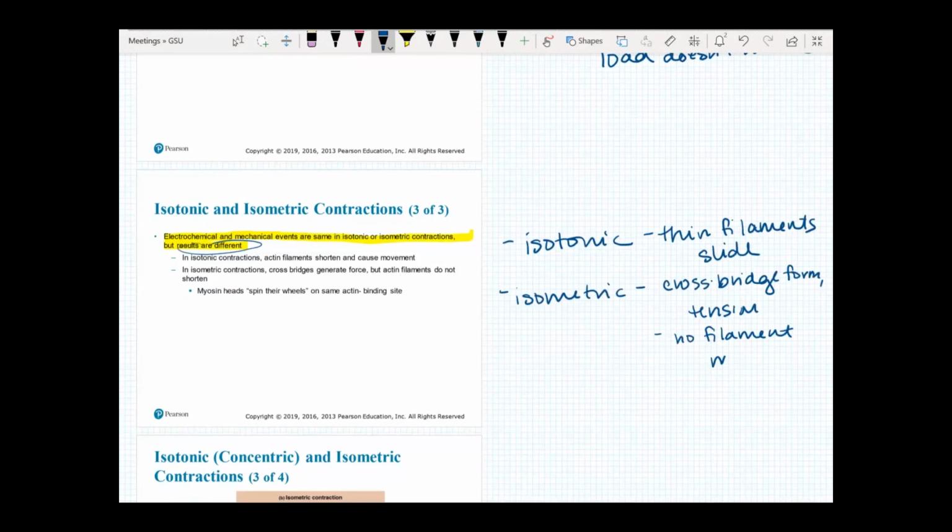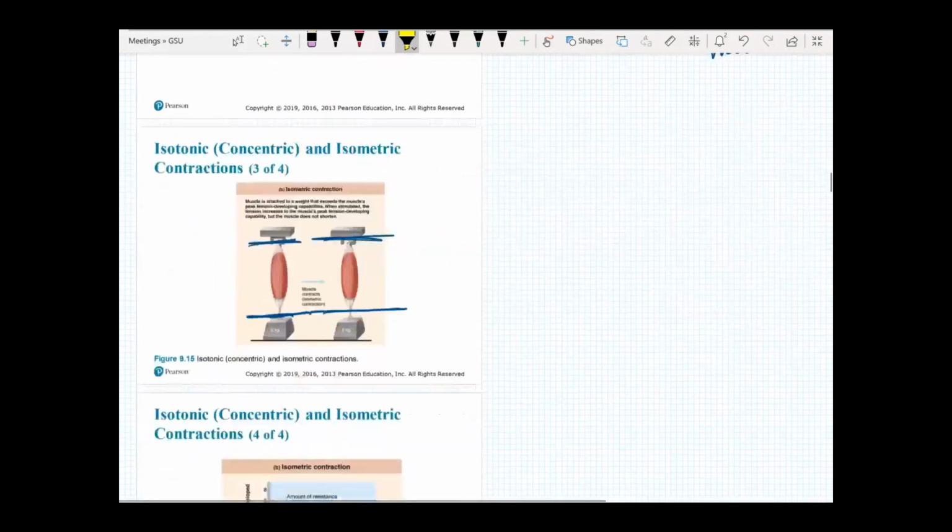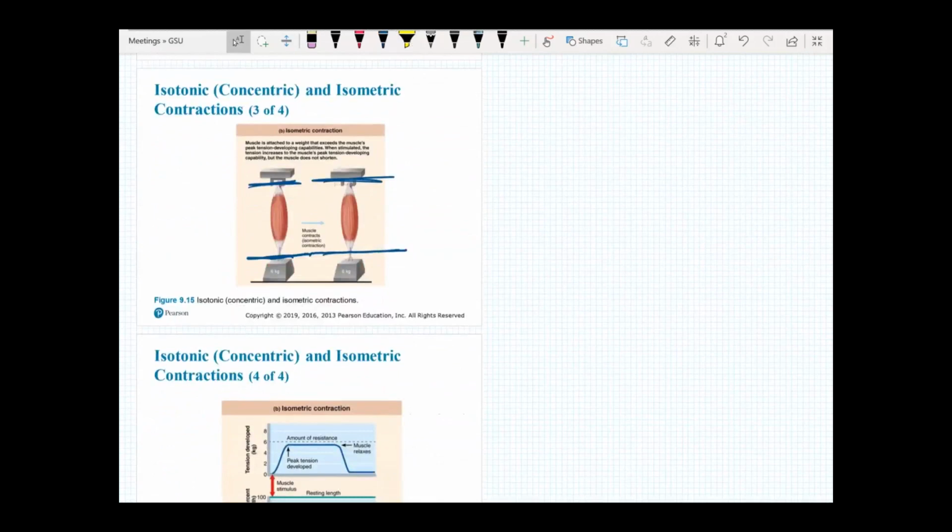So you connect, you just don't slide. So that's what's happening with this. With an isometric, you're going to generate the force, but you're not actually going to shorten. Your myosin heads essentially just spin their wheels. They keep trying to connect, but they just connect on the same spot on actin.